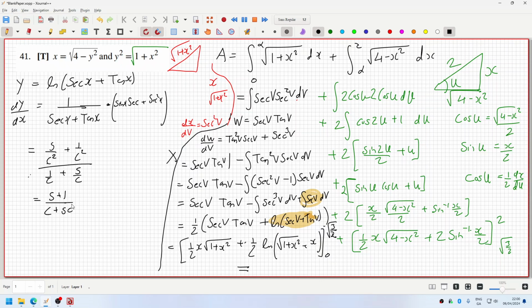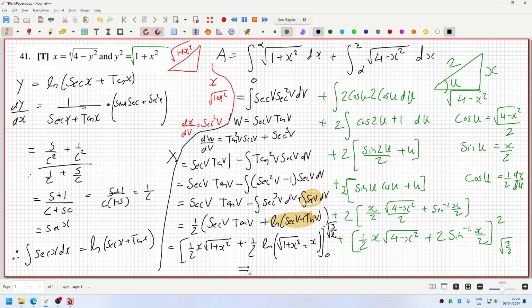Is that right? Oh yeah, and then I can take out the cos on the bottom and you're just left with 1 over cos, which is sec. So that means then, therefore, if the derivative of this is sec, it means the integration of sec is log sec x plus tan x.